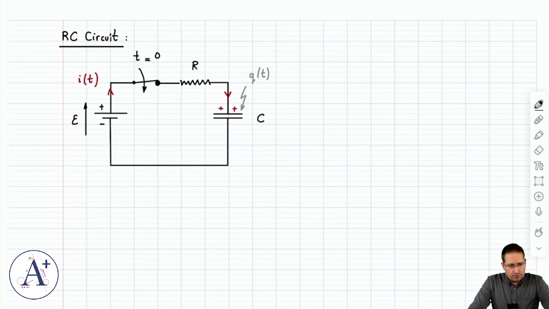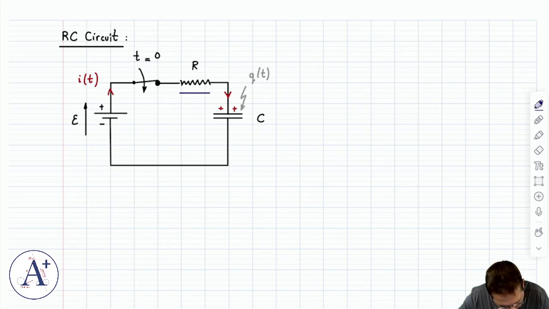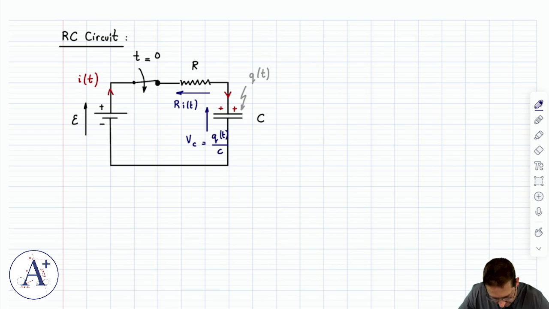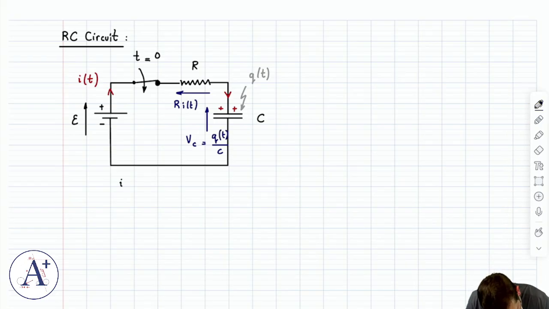And so if you draw the voltage arrows in this circuit, and if you say that this is R i of t, and you say this is V_C, which by the way is Q of t over C, because Q is CV for a capacitor, then if you write the loop law, as long as you remember that the definition of current is dQ/dt, then you're going to get the following.